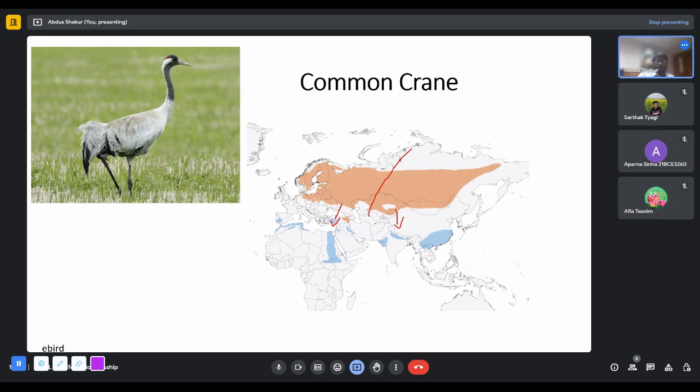Because in terms of distance, it will be easy for these individuals to come here, rather than going all the way back there. So this is their summering range or breeding range, and these are the non-breeding range or wintering range.